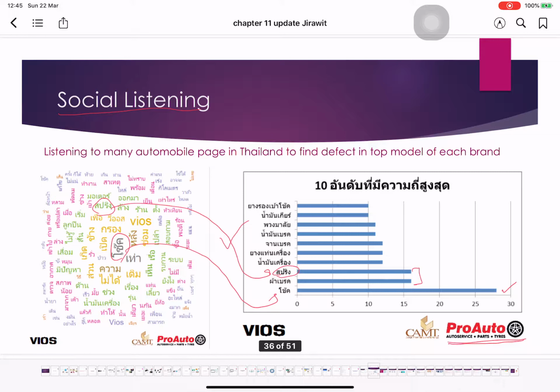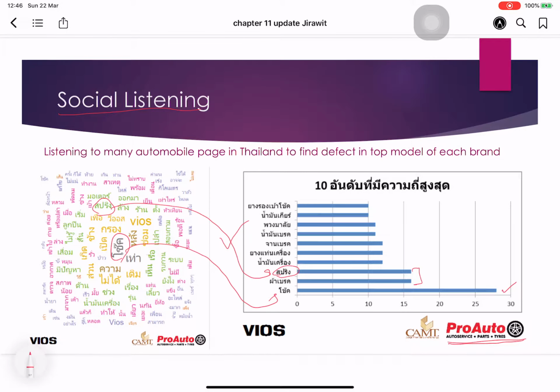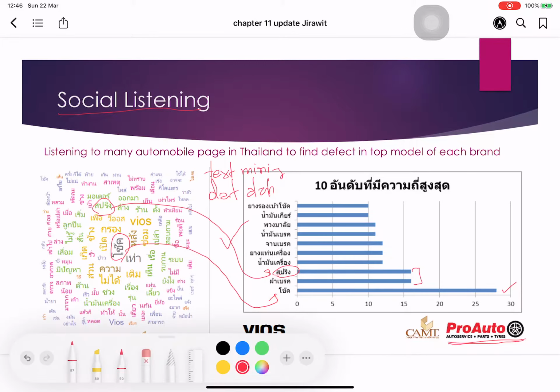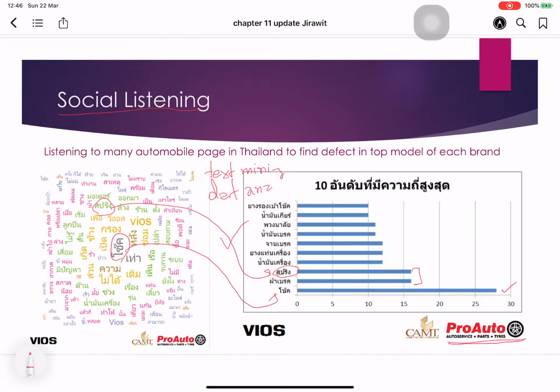That we call text mining or data analysis. Or you have heard a lot about big data analysis.